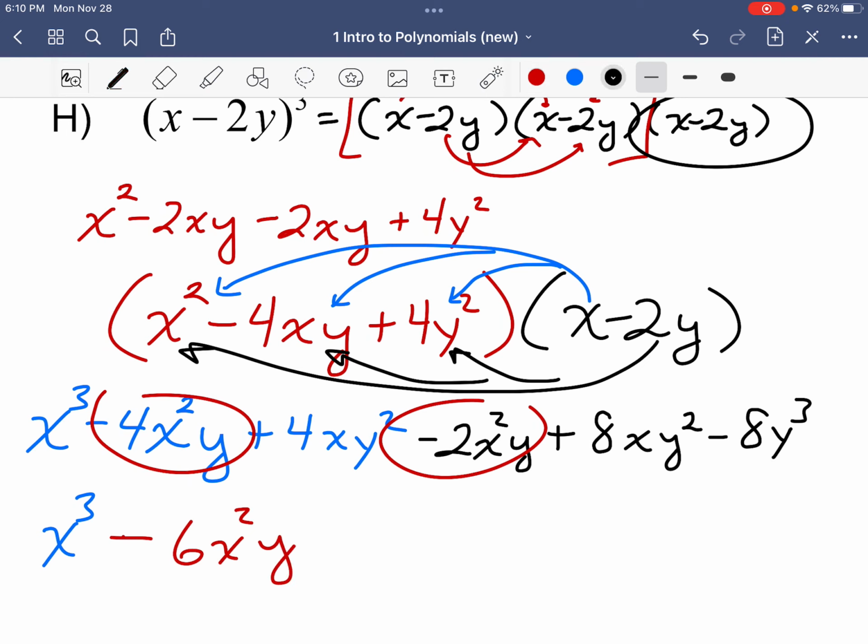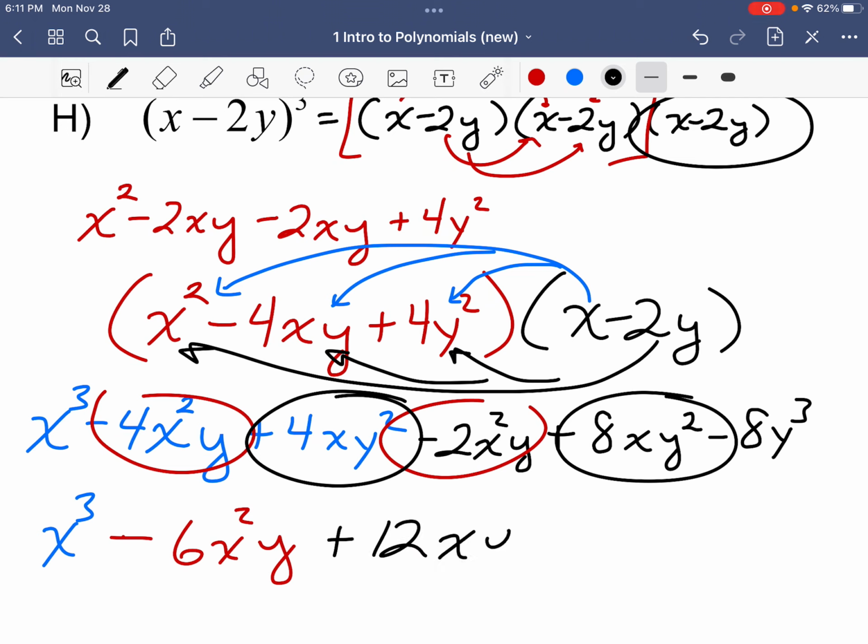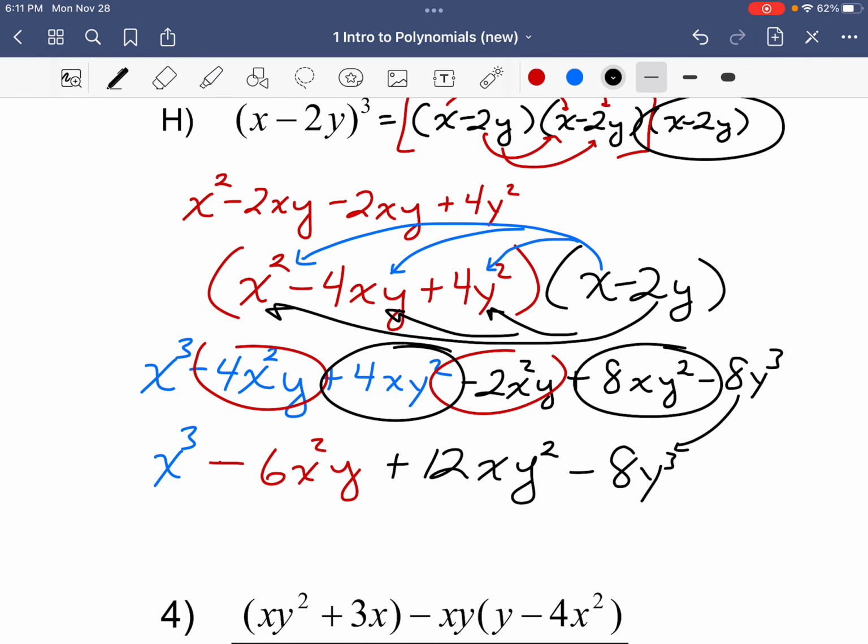That was kind of cool. How about this 4xy squared? That's kind of the same as this 8xy squared. So it's going to be 12xy squareds. Notice I'm not changing the exponents. I'm just adding the coefficients. And then this negative 8y cubed, well, that's just going to come down to be part of my final answer, which is in standard form.